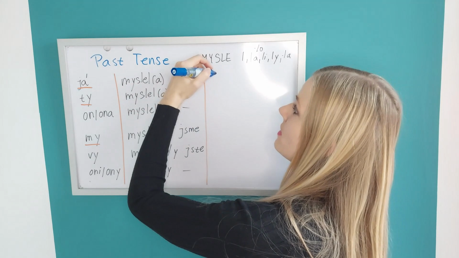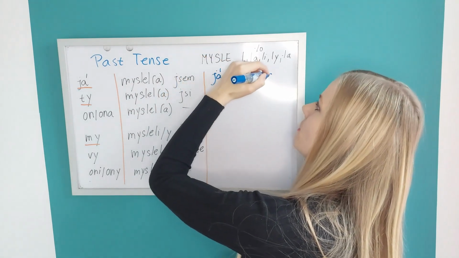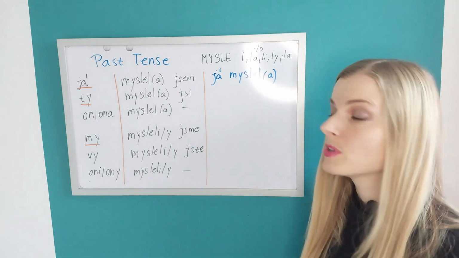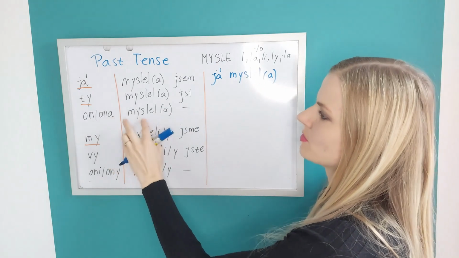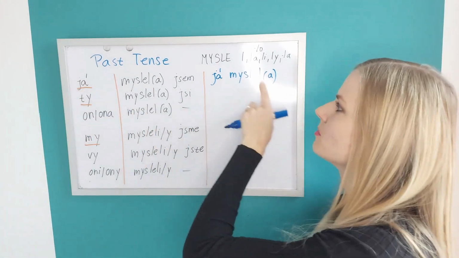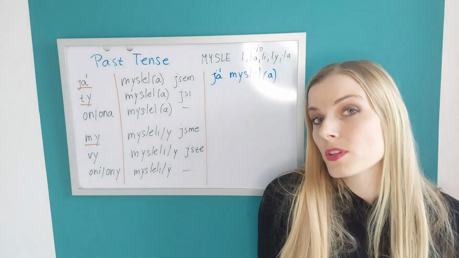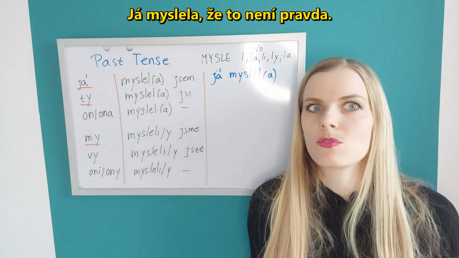We can say já myslel. We just leave out the auxiliary verb, but then if we just left it out, it would be like the third person, right? So we have to make up for it by adding já. Já myslel, já myslela. This is something that you can hear. Já myslela, že to není pravda. I thought it was not true.